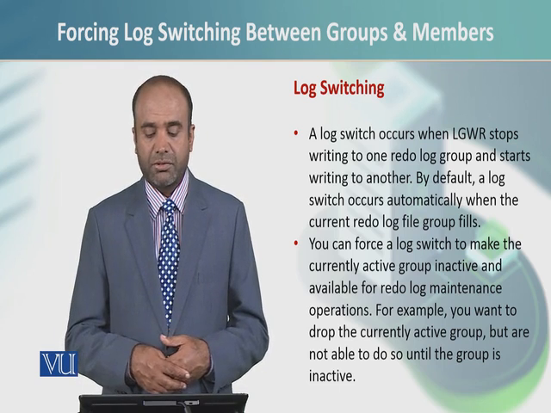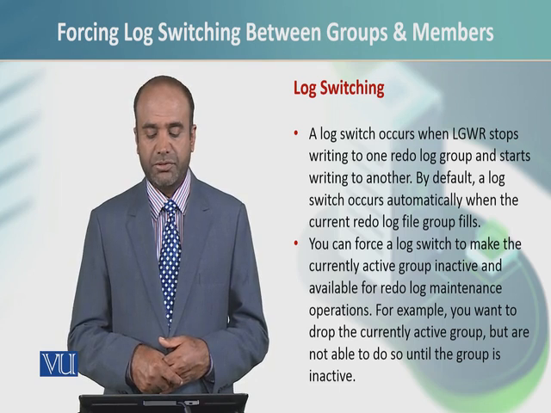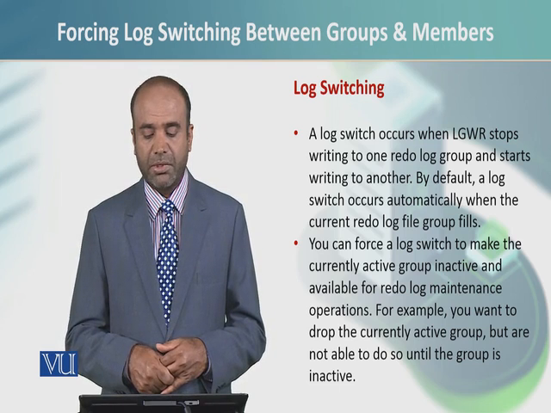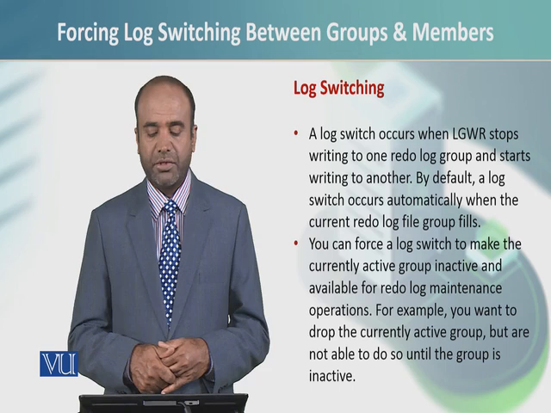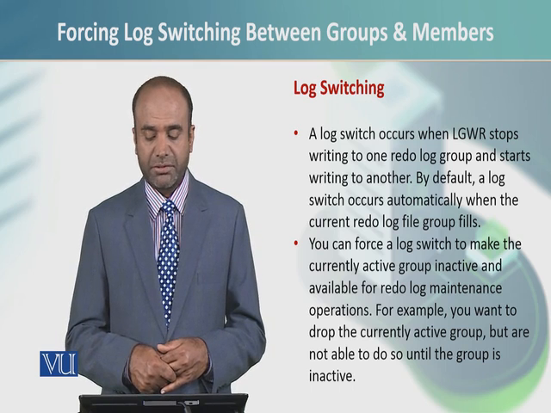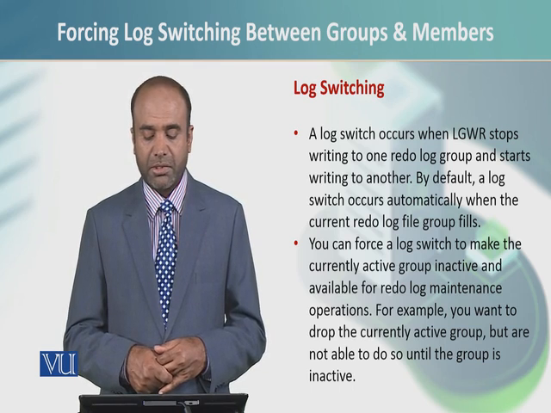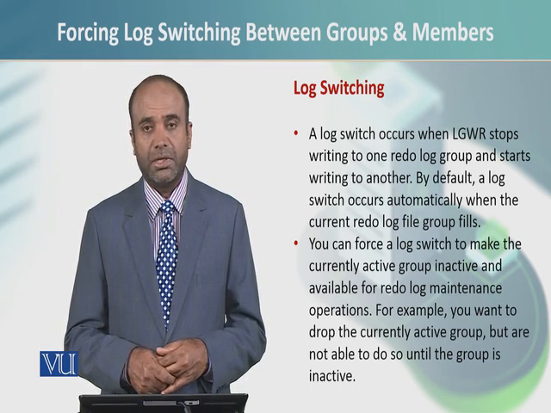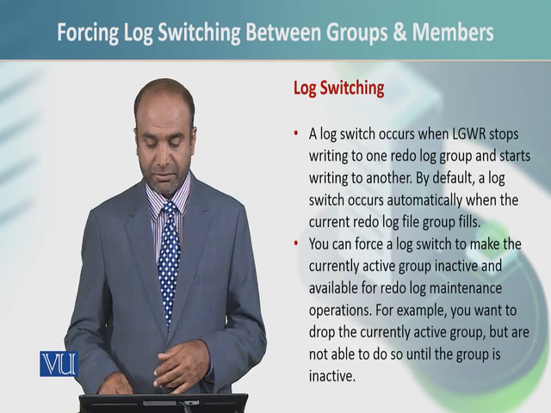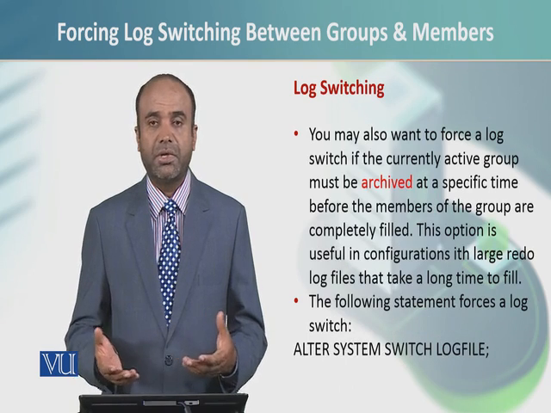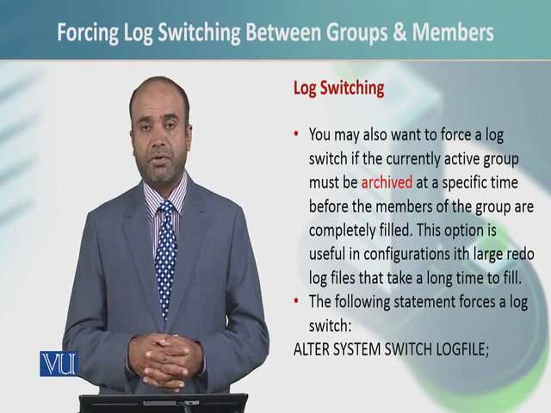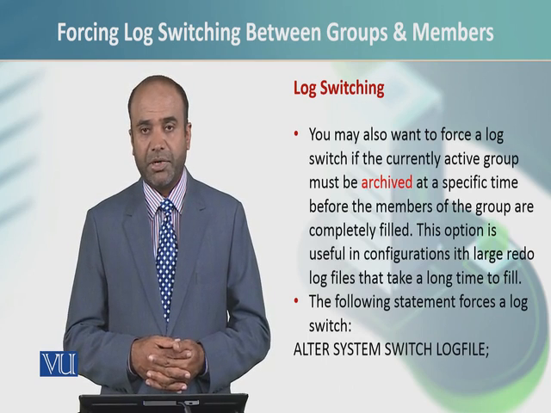You can force a log switch to make the currently active group inactive and available for redo log maintenance operations. For example, you may want to drop the current active group but are not able to until the group is inactive. So switching from active to inactive is performed with the help of log switching between the groups.